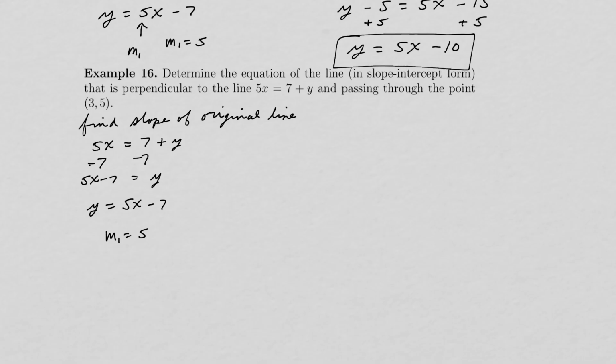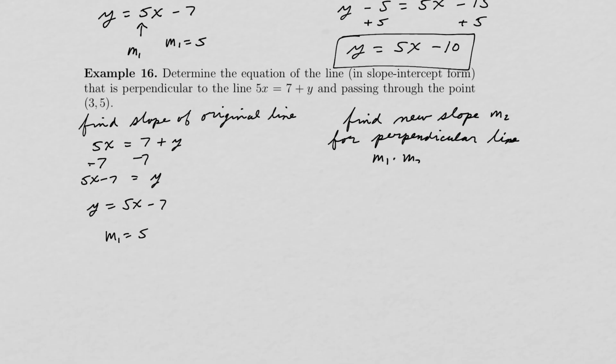Okay. How do I find the new slope for the perpendicular line? Well, to find the new slope, I'll call it m2 for the perpendicular line. Remember, it has to satisfy this equation that m1 times m2 is equal to negative 1.